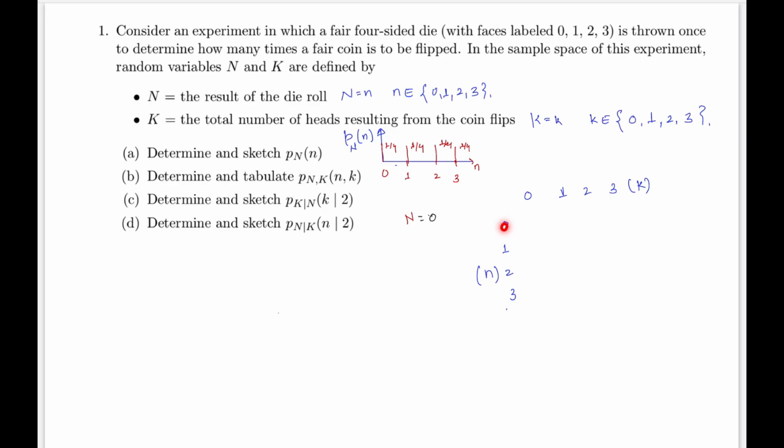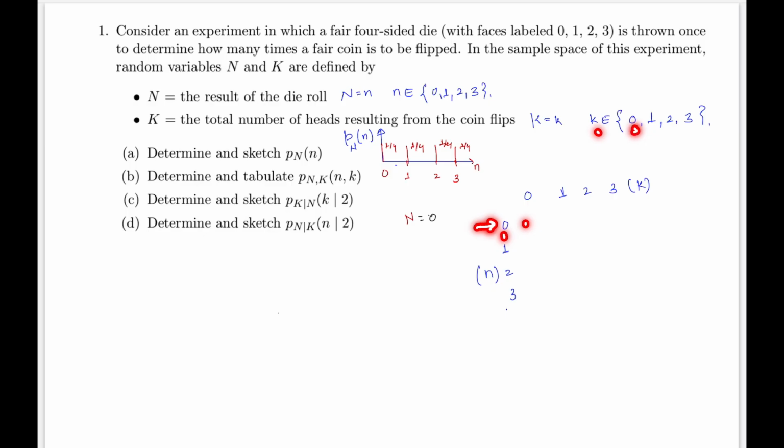And all the pairs are not possible pairs. Let me show you how. So n can take the value 0, yes, and once n takes the value 0, k will be 0. How? If we are saying that on throwing of the dice we have got 0, that means we are not flipping the coin, so the total number of heads will be 0, so k will take the value 0.